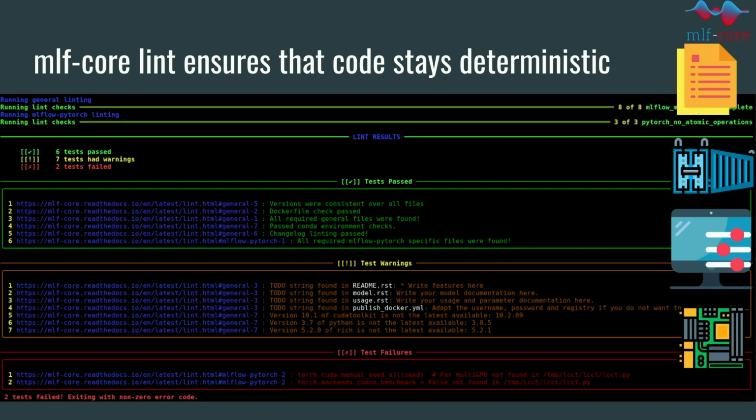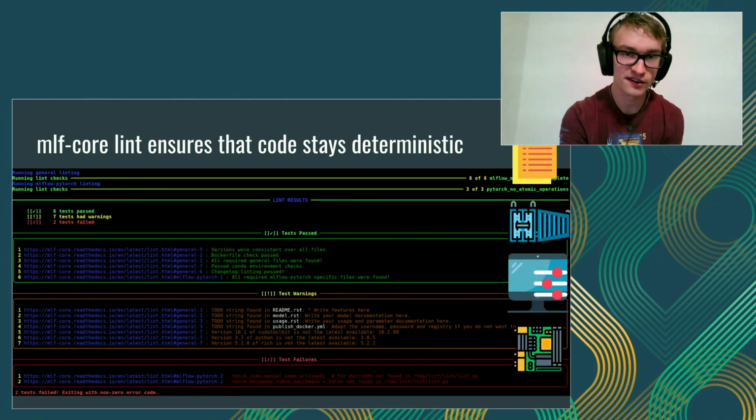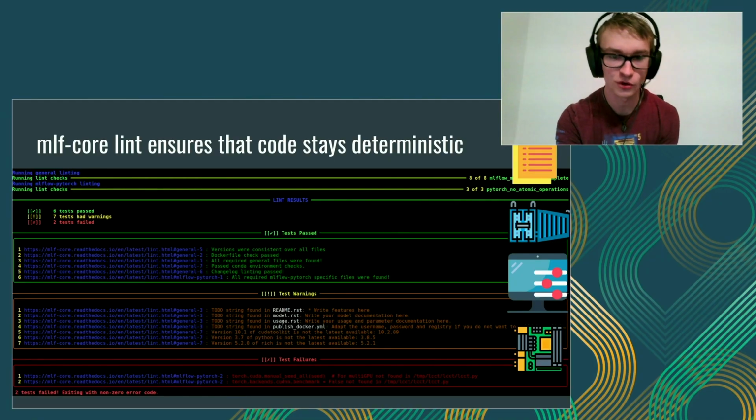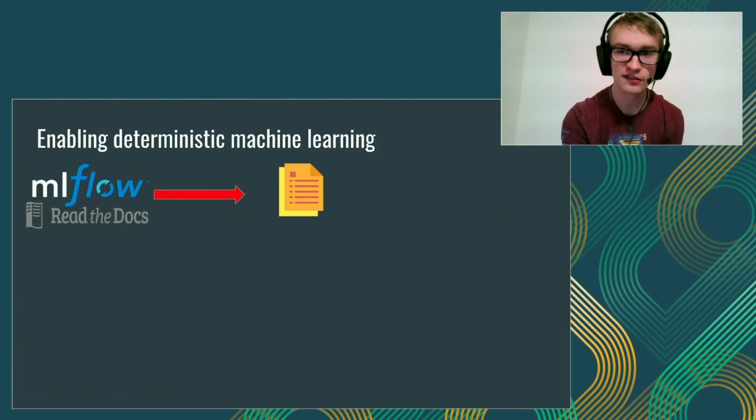So it will tell you if you use any of the non-deterministic algorithms, or if you deleted any of the required seeds, and will make you aware of that. But you, as a user, don't need to be aware of all of those issues, because mlf-core lint will basically tell you what you need to fix in order to make your project deterministic. This solves the requirement for the deterministic settings.